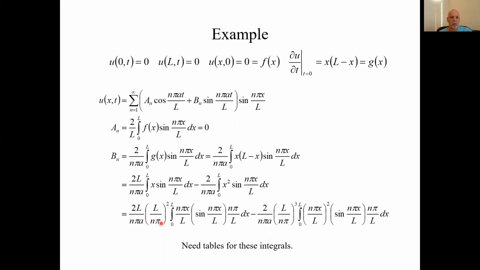That's where I get this L over n pi squared. Similarly with this guy, the x squared, I'm going to have to multiply by n pi over L squared. And look at the n pi over L dx here. And so I had a total of power of 3, so I need to multiply by its inverse.